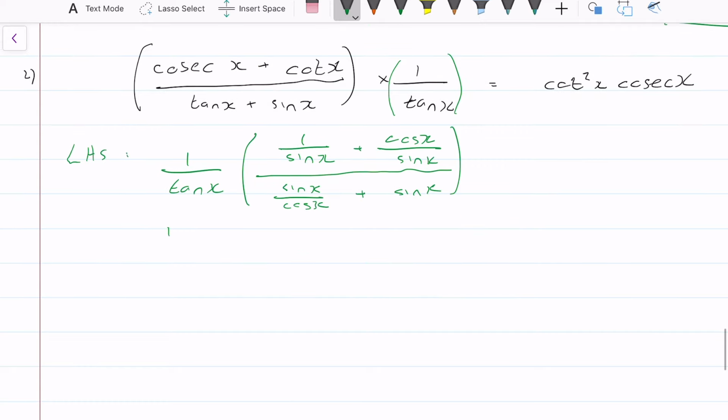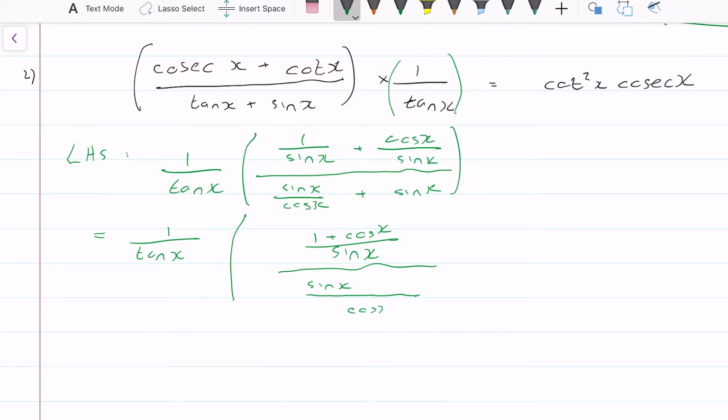Okay, again, we then leave the tan x on the outside, and let's get a lowest common denominator at the top, which is sin x, and we have 1 plus cos x, all over the LCD here, sin x over cos x plus sin x cos x.